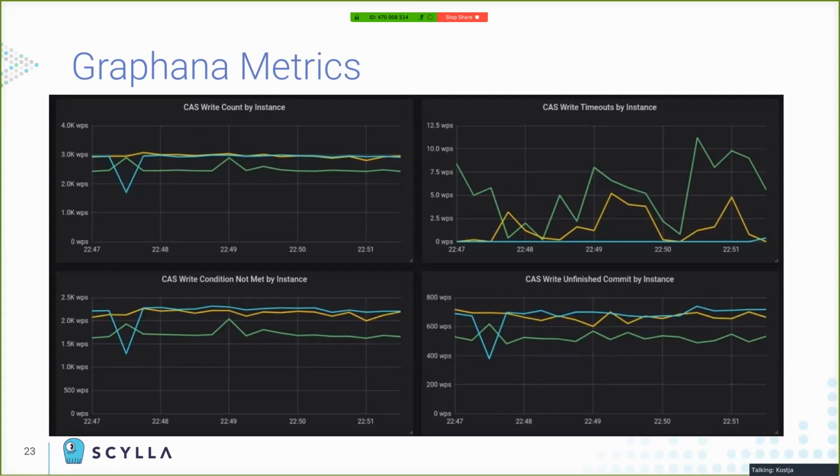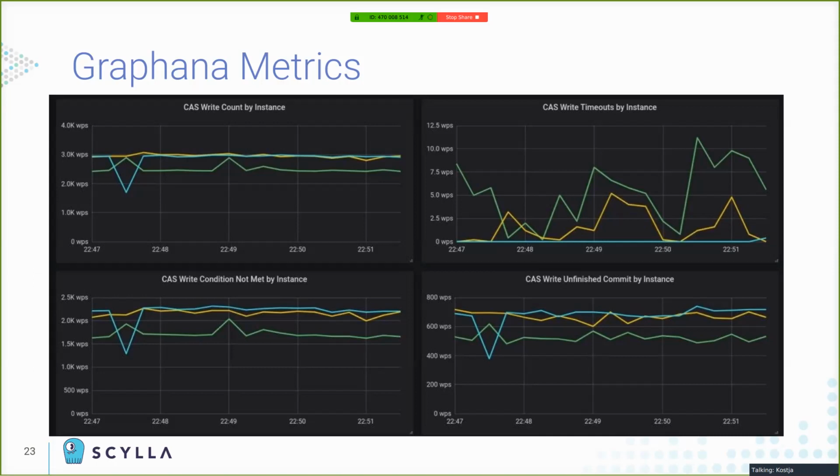CAS write count by instance is the number of transactions that are running on the instance. Timeouts are something bad. This whole algorithm is the 4 steps that I mentioned in the previous slide, so there is a special timeout setting for lightweight transaction writes.